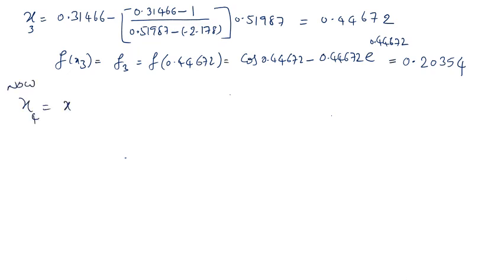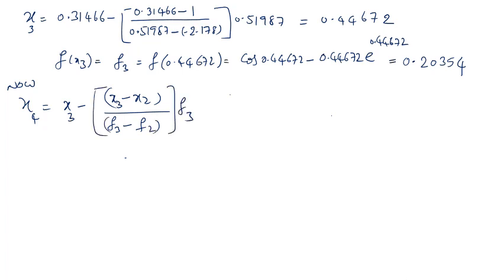By the secant method formula, x4 equals x3 minus (x3 minus x2) by (f3 minus f2), entirely multiplied by f3. If I substitute every value, the x4 value is 0.531705. Okay, this is the secant method. Now the regular falsi method.